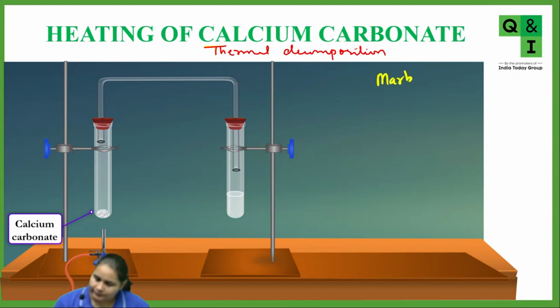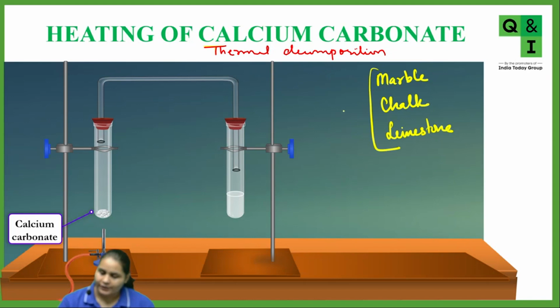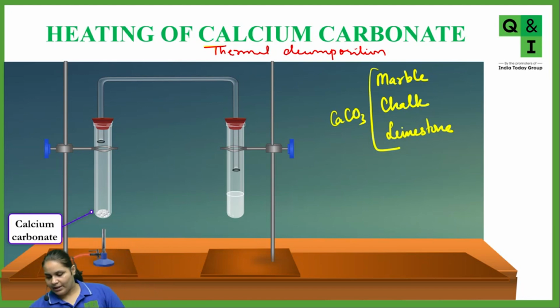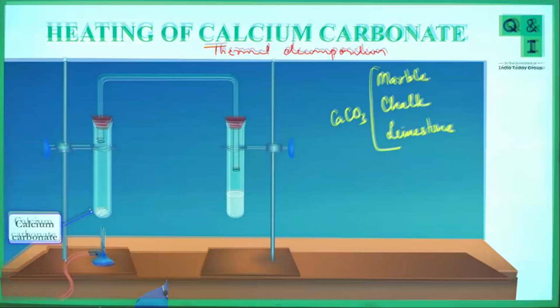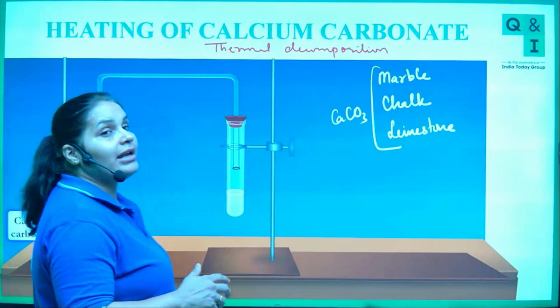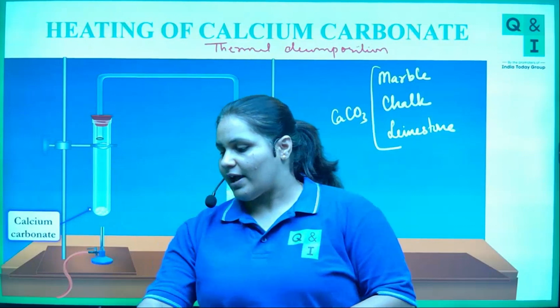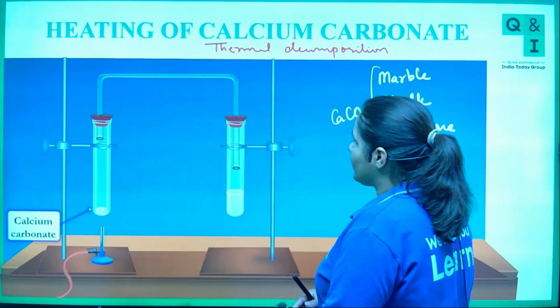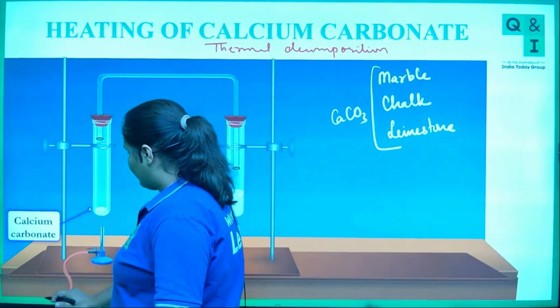Marble, chalk, limestone, they are all different forms of calcium carbonate. So chalk, marble, limestone, they are nothing but calcium carbonate only. In this particular reaction, we have taken limestone.